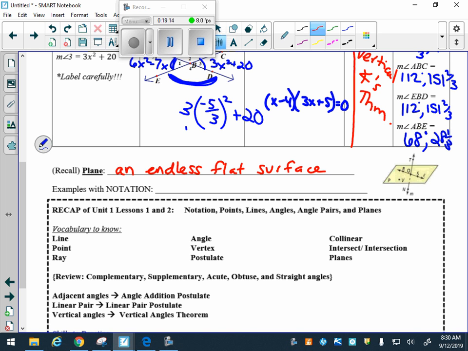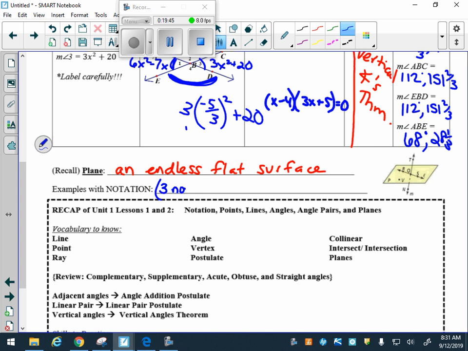A plane, an endless flat surface, has lots of points on it. We have to name a plane with more than 2 points, because if we just use 2 points, that could just be a line, and there's lots of planes that go through a line. So we need 3 points to name the plane, but they actually have to be 3 non-collinear points. So that's kind of the trick here.